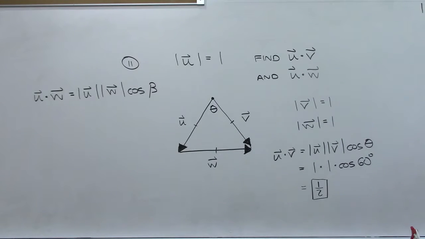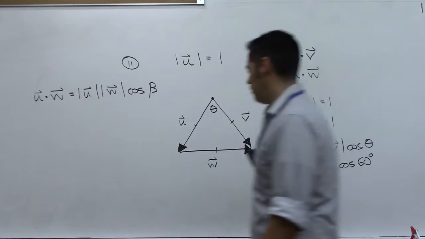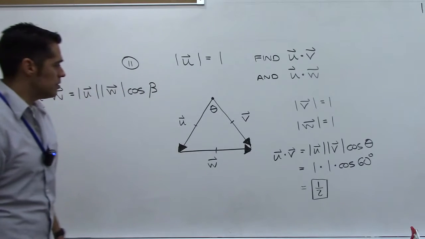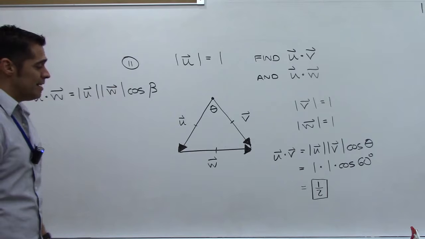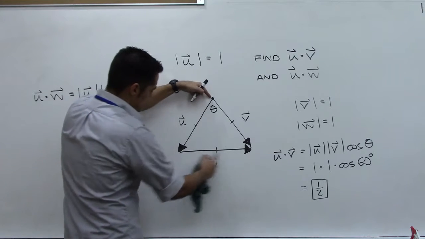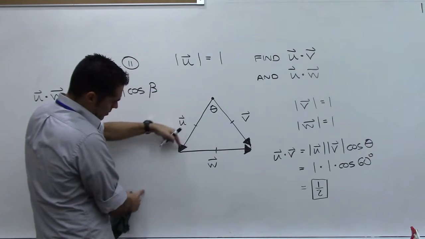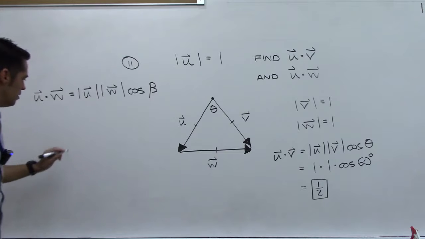Now we're going to look at u and w, and this is a little bit tricky, because before you can talk about the angle between the two vectors, you have to attach their tails together. This vector u, the tail's up here, the vector w, the tail's back here. So I need to slide u down like this in order to be able to talk about the angle.